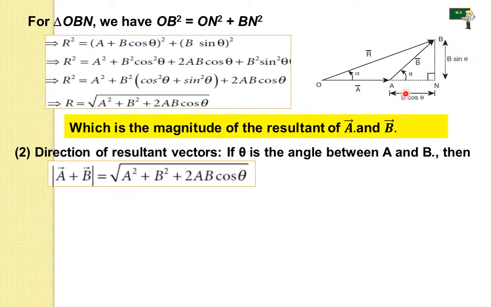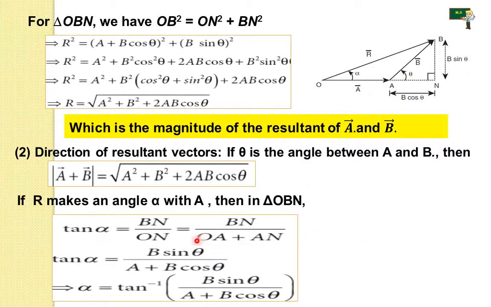tan alpha is equal to BN by ON. That means BN by ON, where ON is divided into OA plus AN. When we substitute the concerned terms, BN is equal to B sin theta, OA is equal to A, and AN is equal to B cos theta.